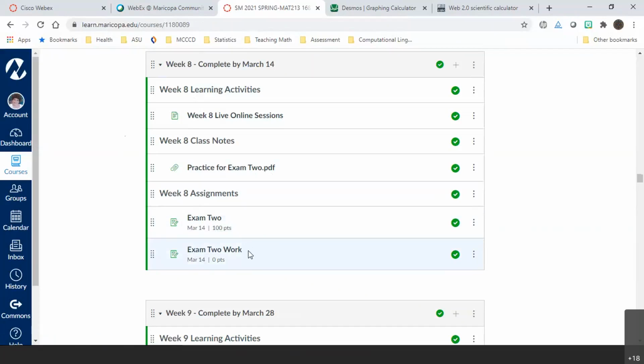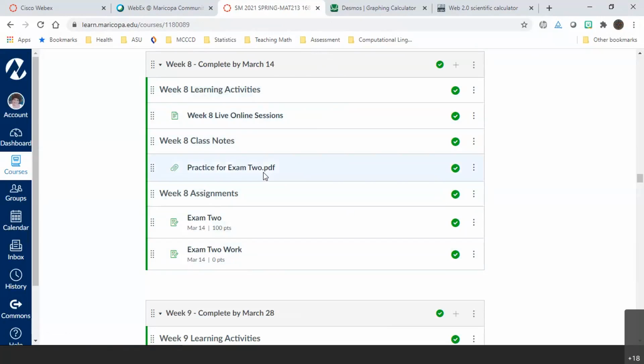There are apps that will let you, on your phone, take a collection of photos and create a PDF with them, which then you can upload here. Okay, so if you want to upload the photos, that's fine. Some of you have done that already. If you want to make a PDF out of it, that's fine, whatever's easier for you. But here's where you upload the work, and you can do that after you've done the exam.